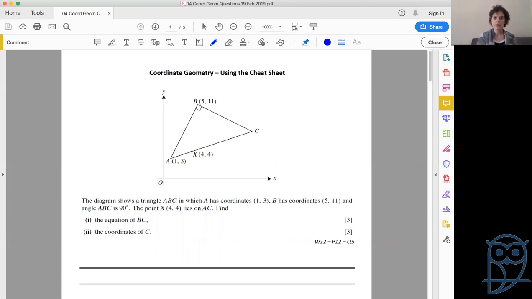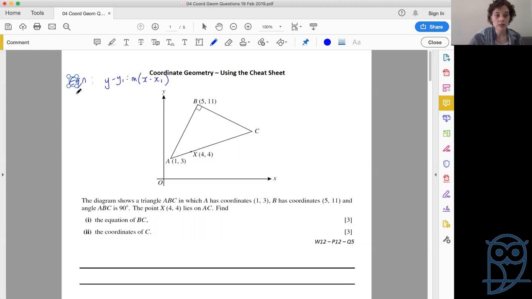So first thing we need to do is to actually think about what have we got, what do we need at the end, and how are we going to get from here to there. So equation of BC, remember we're using our y minus y1 equals m(x minus x1).